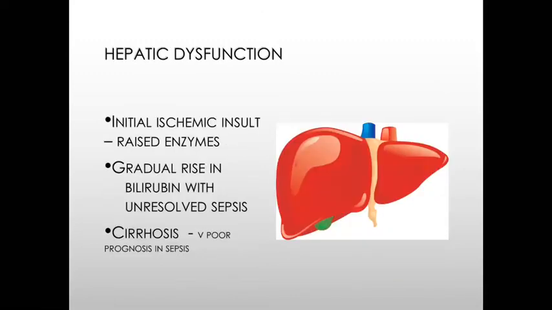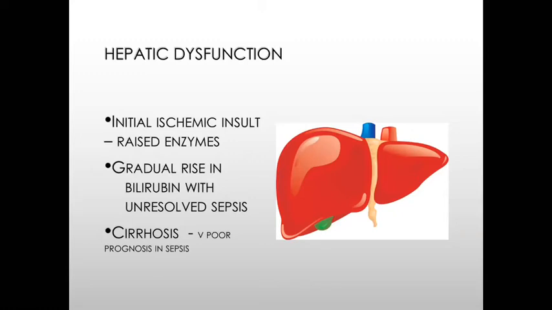How's the liver affected by sepsis? Well, that's not always so obvious, but we do know that in septic shock, the liver has extreme ischemia, and that leads to long-standing damage to the liver and a gradual rise in the bilirubin in unresolved sepsis.